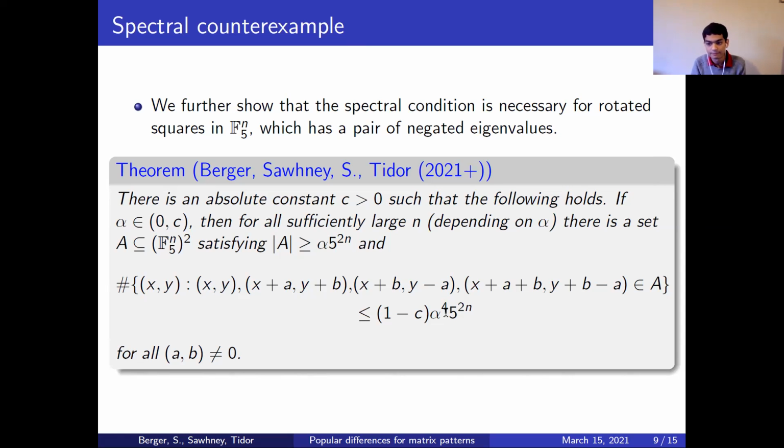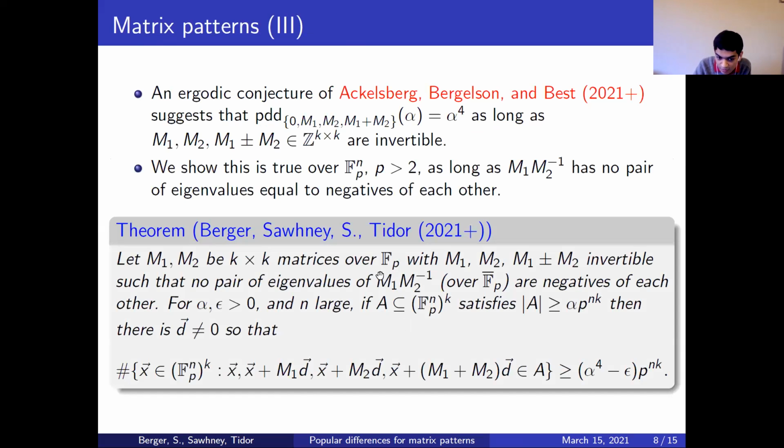And then from there, I'll talk about what you have to do in order to understand these matrix models, and maybe get into what's going on with the spectral condition, why we can do it, let's say over the finite field model for simplicity, when we have this spectral condition that M1, M2 inverse has no pair of negated eigenvalues, but why otherwise you would expect it to be false if you do have a pair.